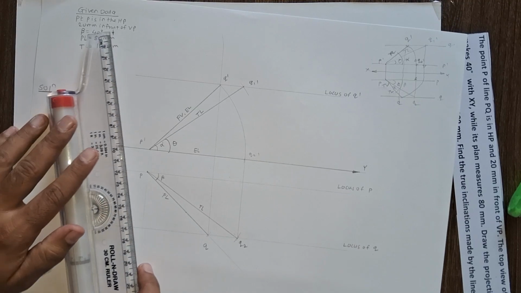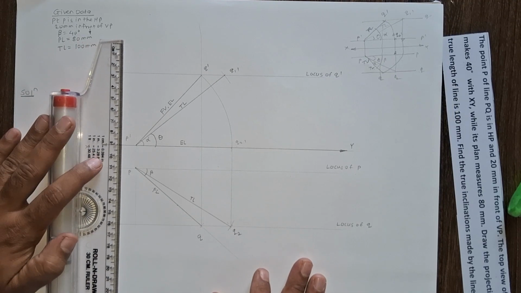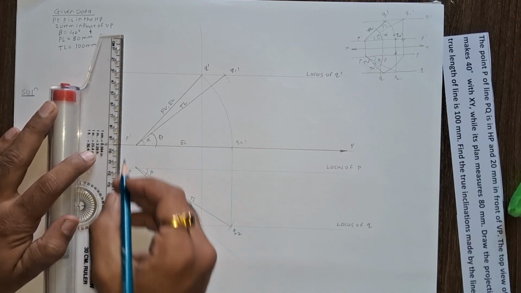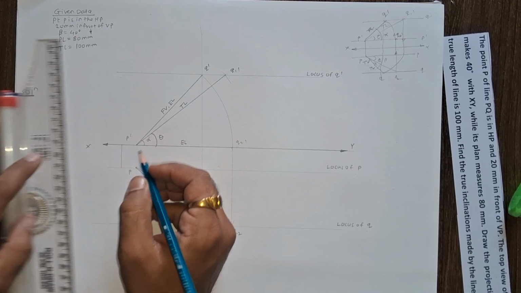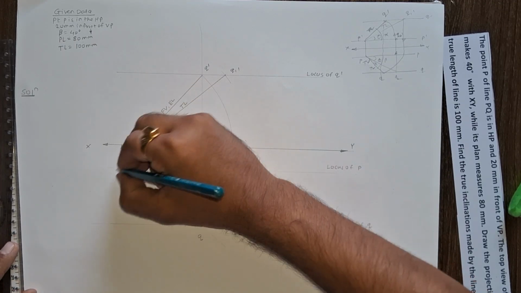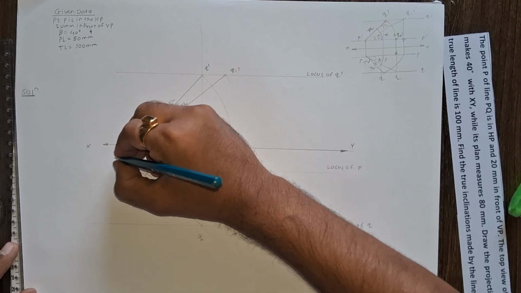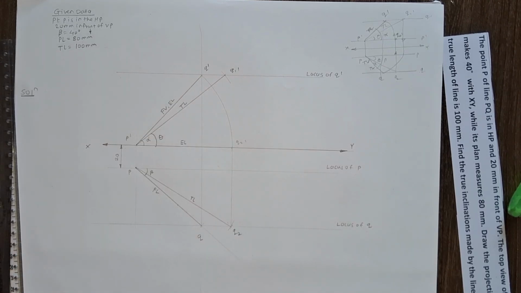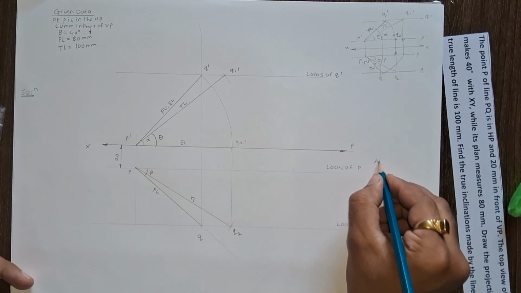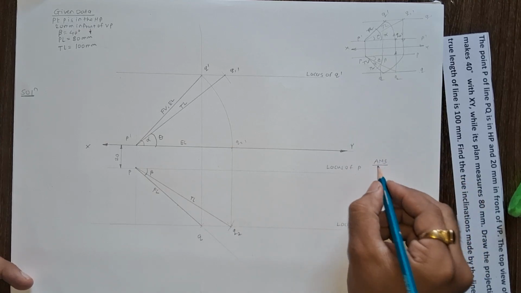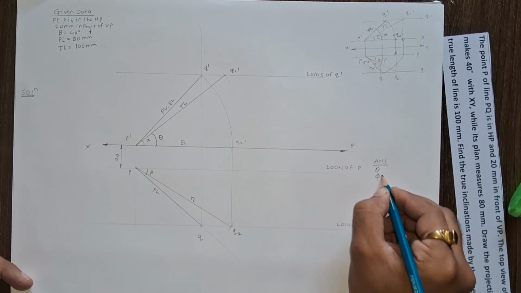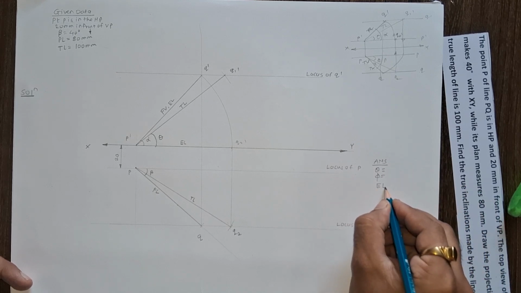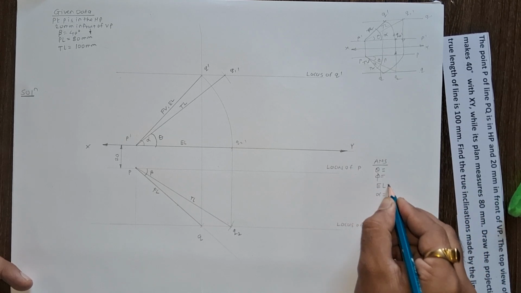I'll show the dimensions and measure alpha, theta, phi, and the elevation length distance. So this is 20 mm. Now the answers. Measure the theta angle and the alpha angle and the elevation length.